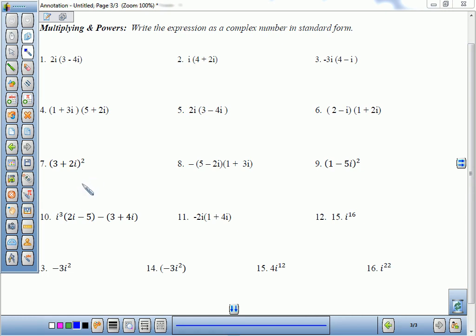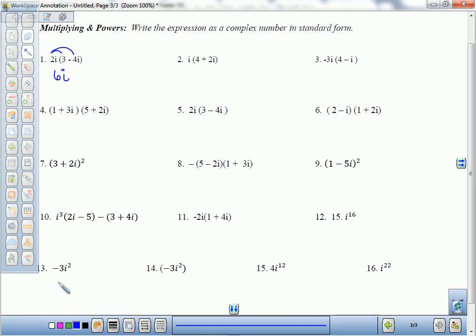You distribute. So on number 1, we just have this imaginary number times this complex, and we're going to distribute that through there. So 2i times 3. The 2 times 3 makes 6i.